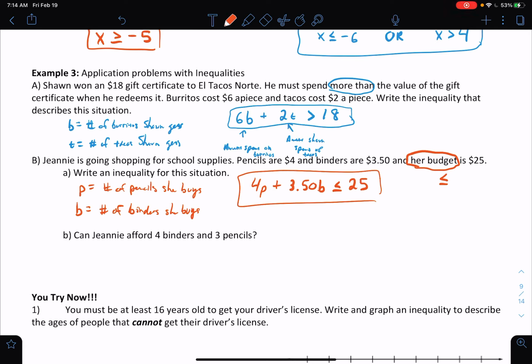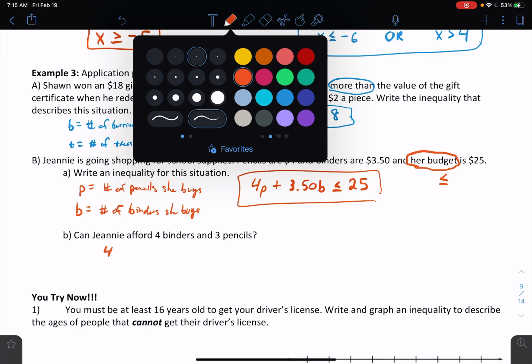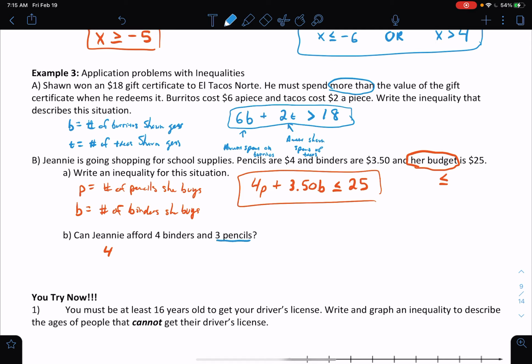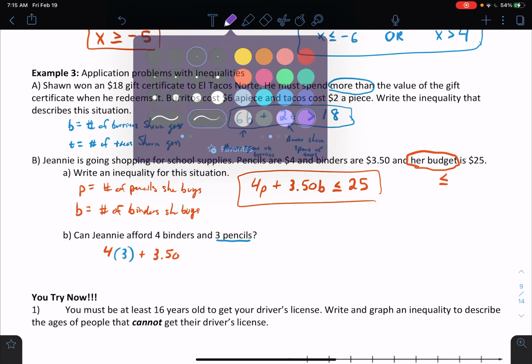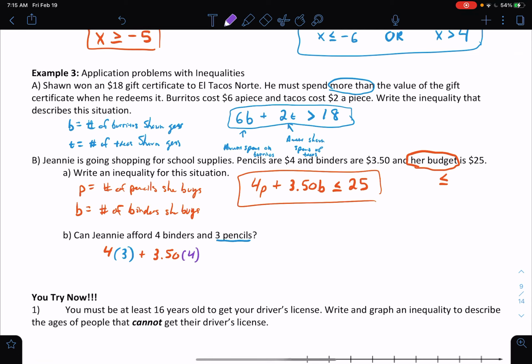Here's what the inequality is. Now I'm going to use that inequality for part B. Can Jeannie afford 4 binders and 3 pencils? Let's plug some stuff in. 4 times P, and she's buying 3 pencils, so 4 times 3, plus 3.50 times the number of binders, 4.